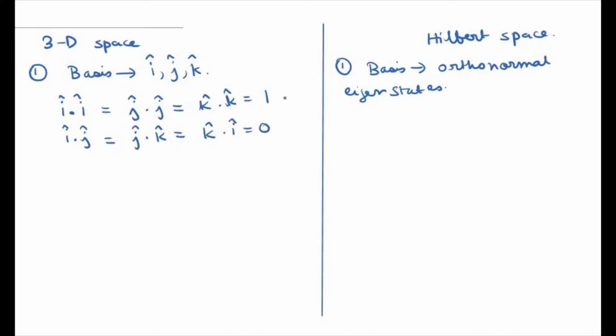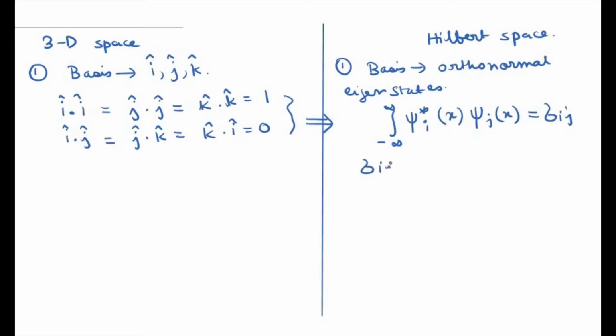When we write this in Hilbert space, or this wave function space, it translates to the integral from minus infinity to plus infinity of psi_i star of x times psi_j of x equals delta_ij, where delta_ij is equal to 1 if i equals j, and equal to 0 if i is not equal to j.